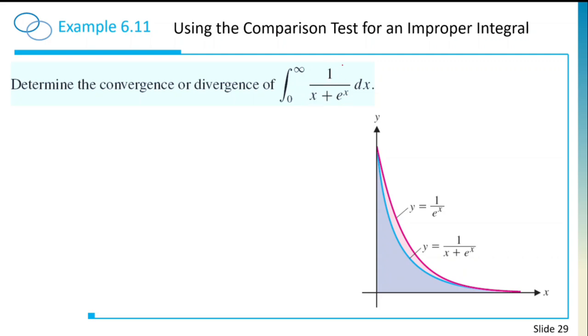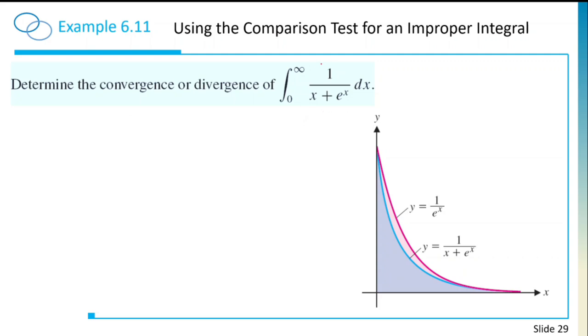Now, if we look at this integral, do we know any rule for it? We don't. Notice that this is 1 over x plus e to the power of x, and remember, don't make the common mistake. If I have 1 over a plus b, this can't be written as 1 over a plus 1 over b. This is wrong, so this is not allowed. Now, what can I do?